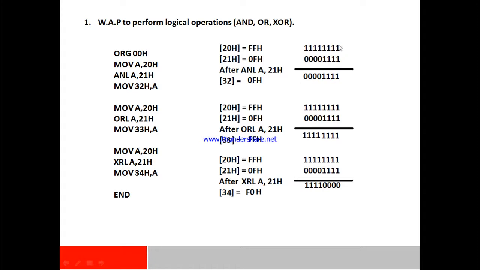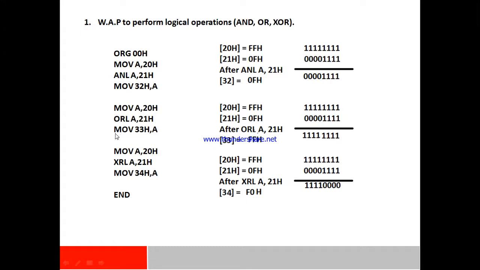Whenever both are 1, when multiplied with the dot operator, as a result it will be 1. When multiplied with 0, as a result it will be 0 here. So the dot operator reflects a multiplication operation. In this way we are getting the result 0FH, which is moved to 32. So these first 3 instructions serve to find out the first AND operation.